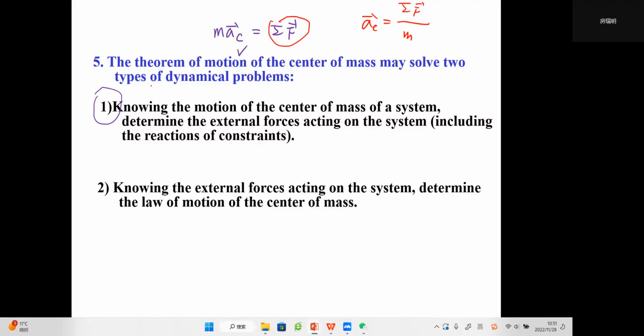See? So those are the two types of dynamical problems. We can call that 动力学问题. Dynamical problems, 动力学问题, just use this so-called theorem of motion of the center of mass.